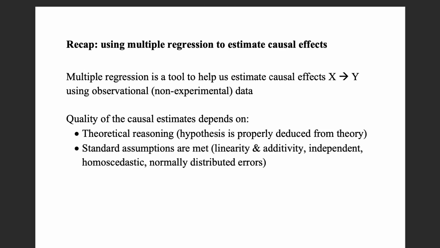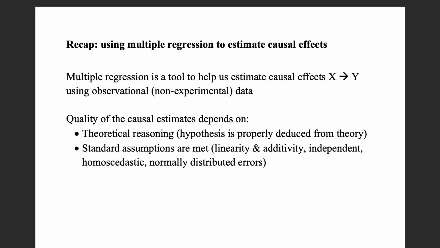We also saw that we have some assumptions that we need to meet statistically in order to have a good quality estimate, and these are the 4 standard assumptions: linearity and additivity, and independent, homoscedastic, and normally distributed errors. So the idea that if you're estimating a linear effect where we're adding up individual coefficients, as we do in a multiple linear regression model, it actually has to make sense to use a linear model where we're adding up the individual coefficients.